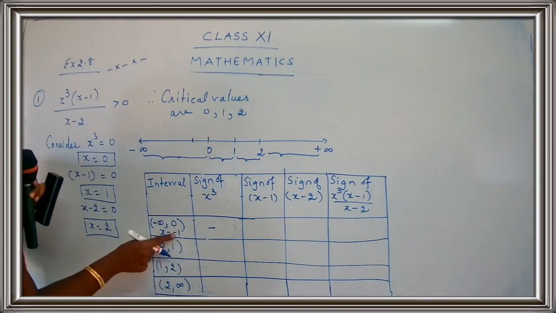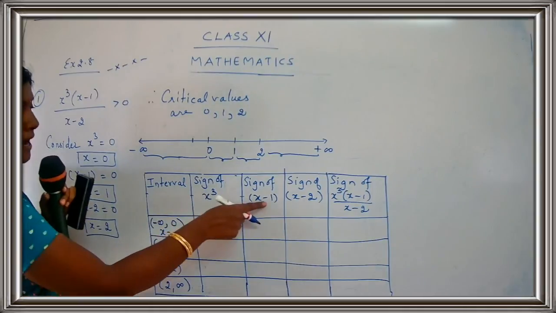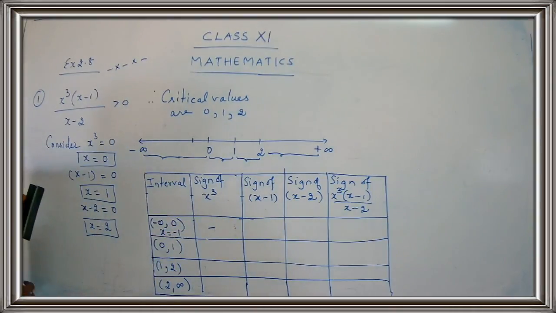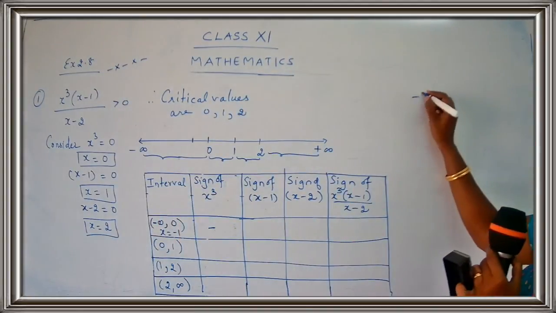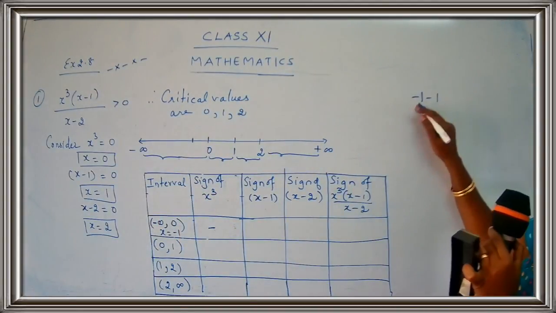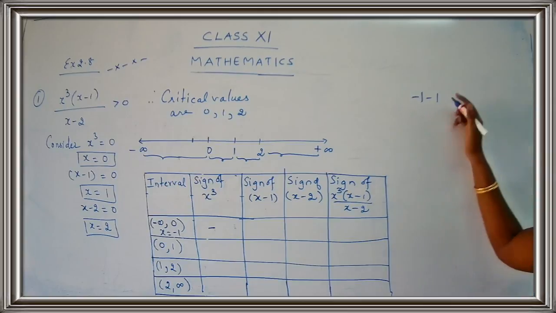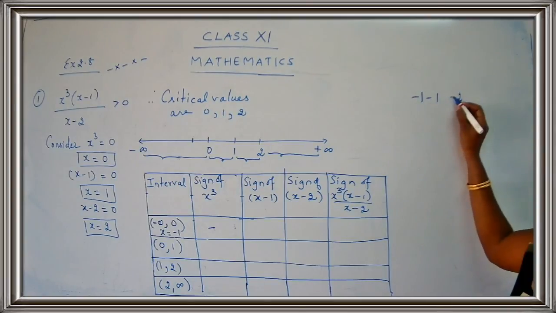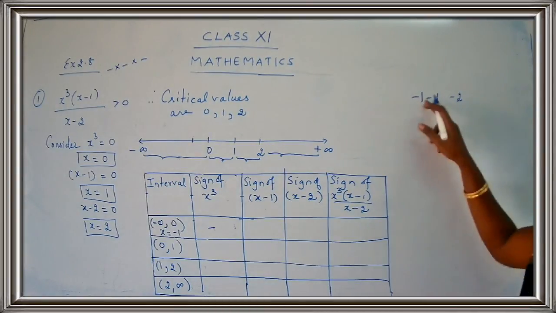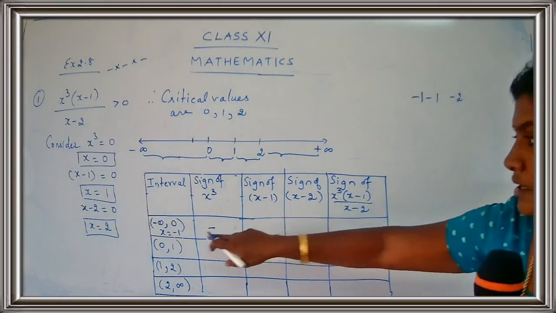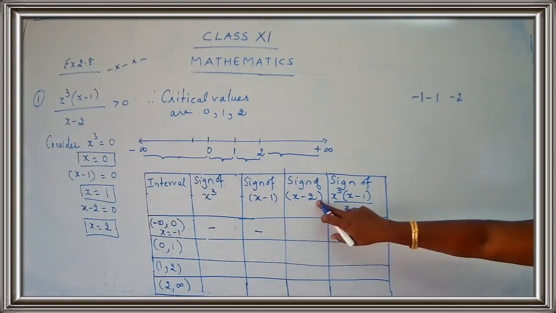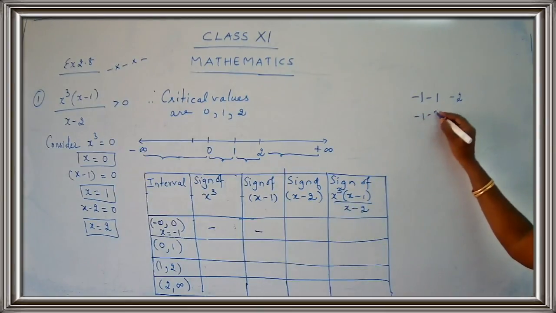Now x minus 1: minus 1 minus 1. We write the sign of the bigger number, which is minus, so the answer is minus. Now again you have x minus 2: minus 1 minus 2.